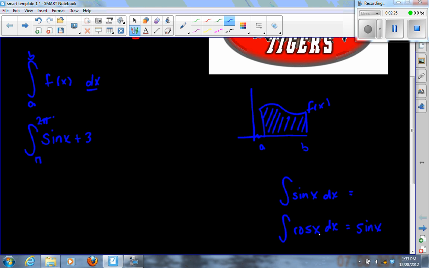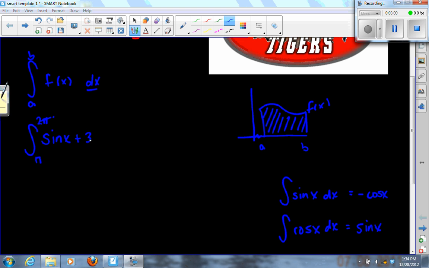That means the integral of cosine x is sine x. And similarly, the derivative of negative cosine x is sine x, because the derivative of cosine x is negative sine x. These are kind of strange, but these are some formulas you might want to remember, and you could get those from just thinking about the opposite of the derivatives you already know.